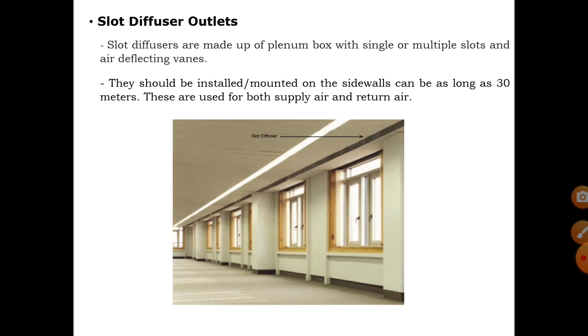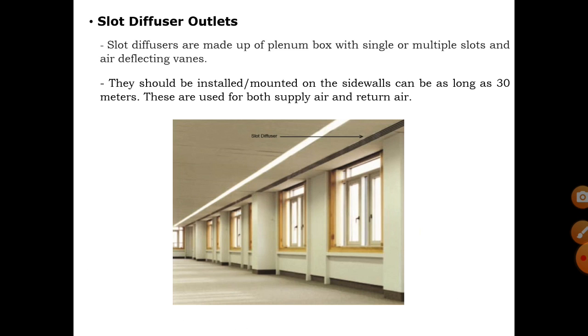Now these are the slot diffusers, slot diffuser outlets. These are provided on the side walls, at a particular height, where a long plenum box, around 30 meters in length, is provided, having multiple slots.